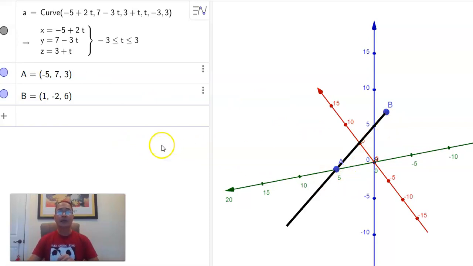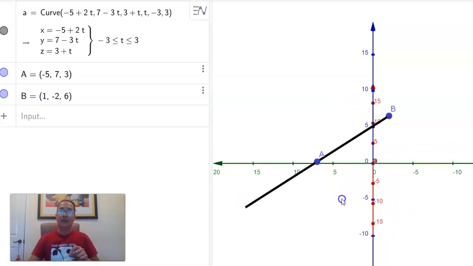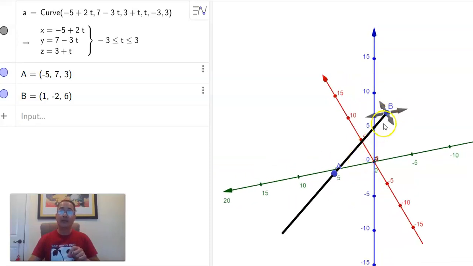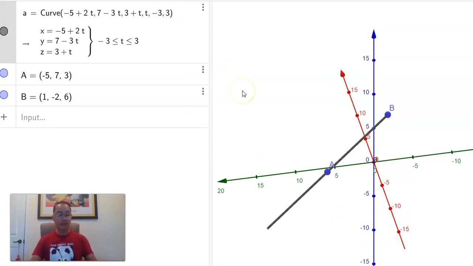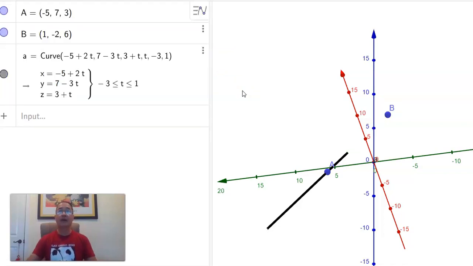Notice though, in what direction is the line being drawn? We are going actually from B to A, kind of going backwards. Let's check. What if you make the 3 small? Let's turn it into 1. What's going to happen? Aha! So wait a minute, am I wrong then?